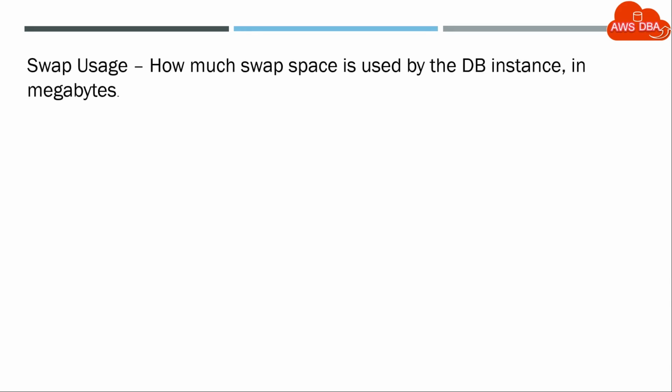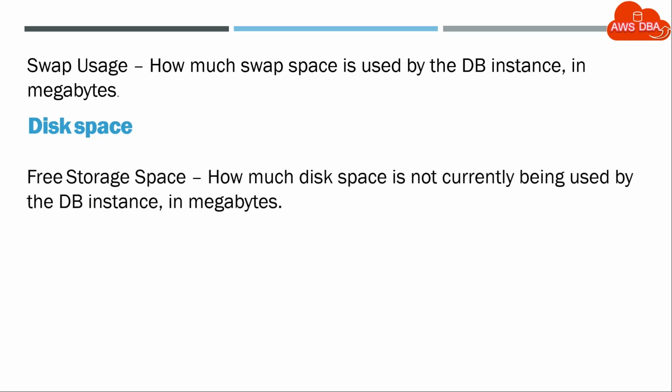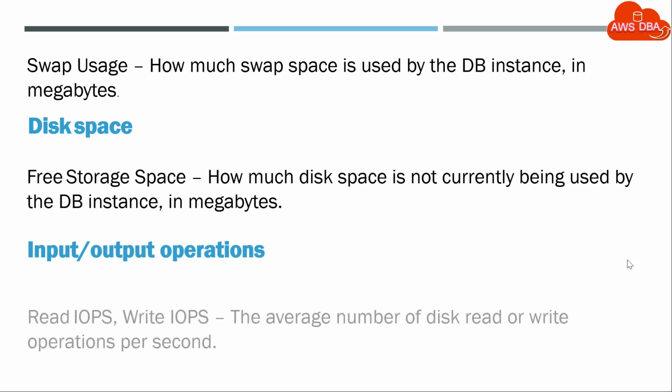Swap usage: how much swap space is used by the DB instance, in megabytes. Disk space. Free storage space: how much disk space is not currently being used by the DB instance, in megabytes. Input/output operations.